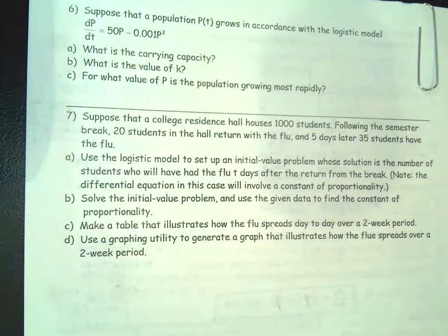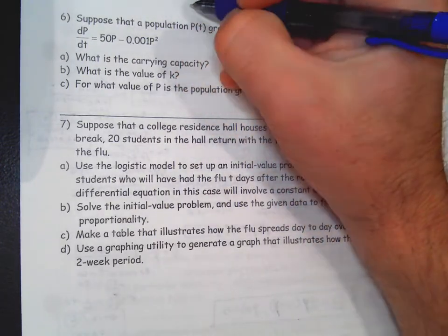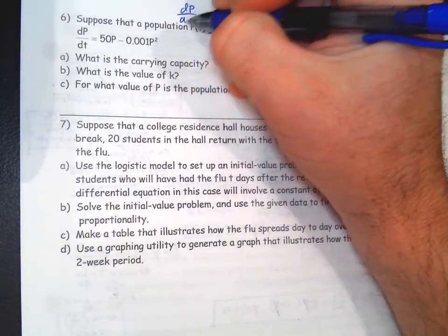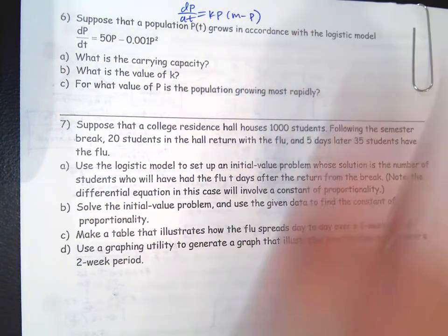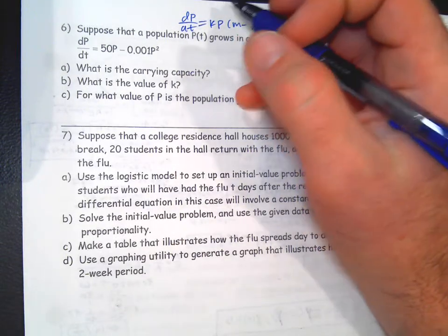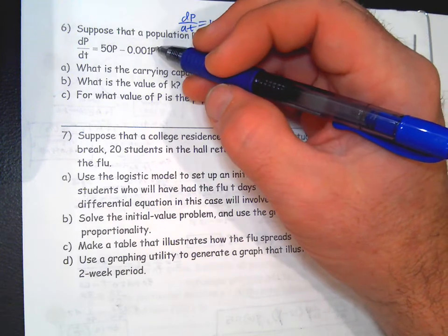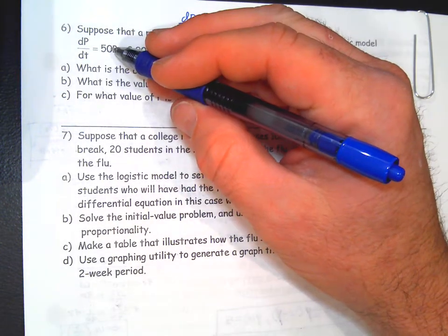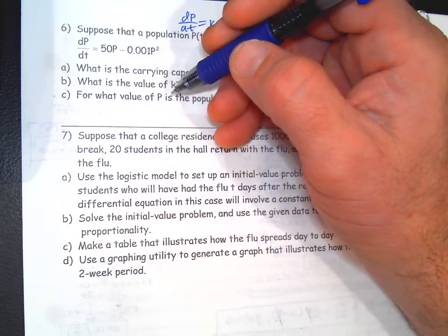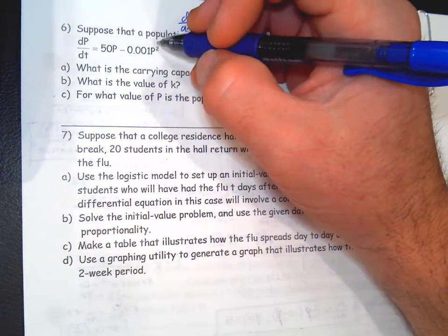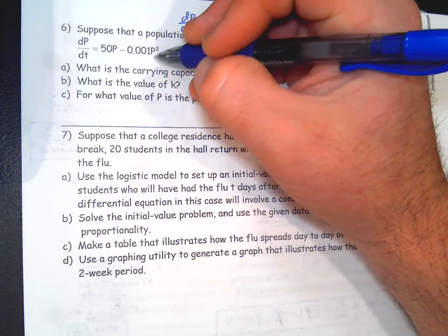Okay, so we have another one where I give you the differential equation, but we got to work on it a little bit. So remember, dp dt equals kp times n minus p. And so I think we need to factor out a p, and we need a single p right here.